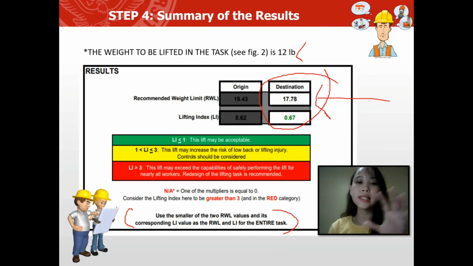Based on its LI, which is less than 1, this means that the lift of the entire task may be acceptable.